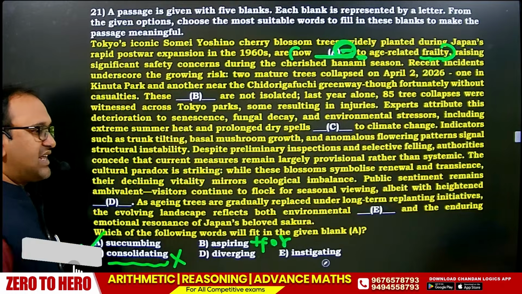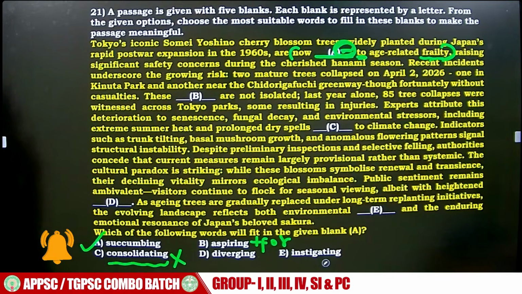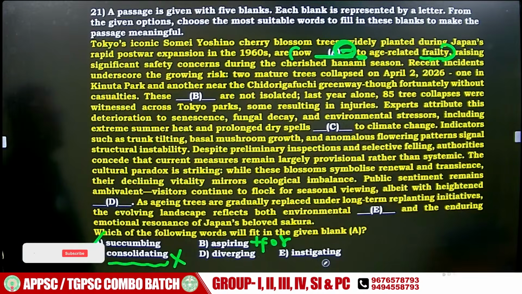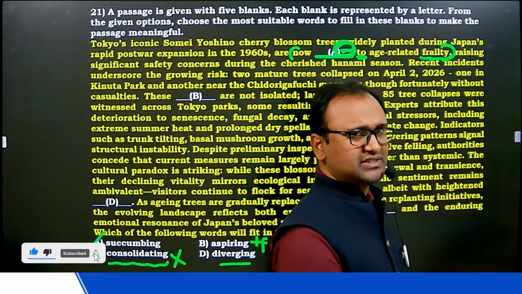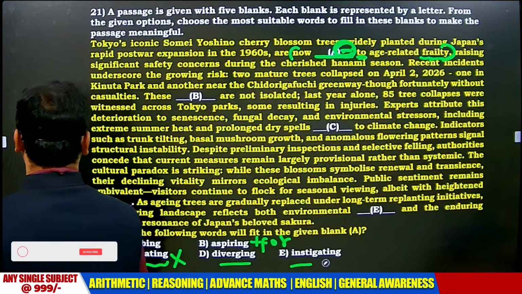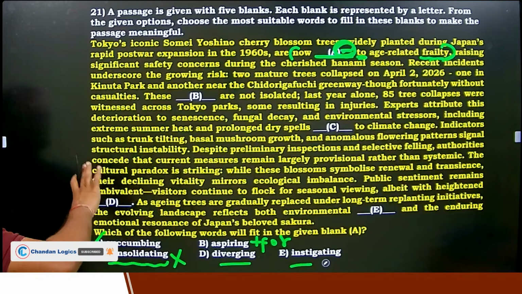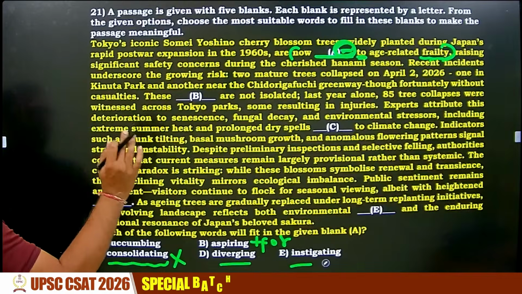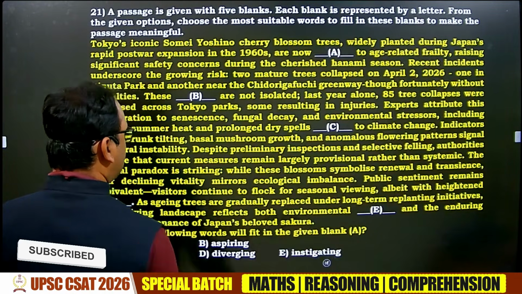The students are aspiring for a government job. The students are aspiring for a bank job. So diverge, instigate. What is the meaning of instigate? Create anger, provoke. And diverge is move away, like spread. So whatever you do here, it's an easy preposition. Succumb to is the answer.